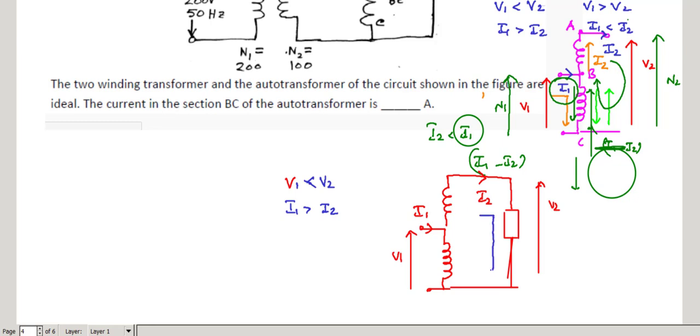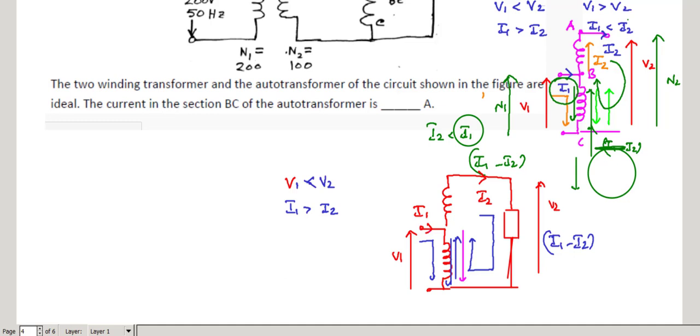The direction of I2 is like this and the direction of I1 is like this. So the resultant current I1 minus I2 is flowing in that common winding, and the direction is downwards because I1 is dominating I2.